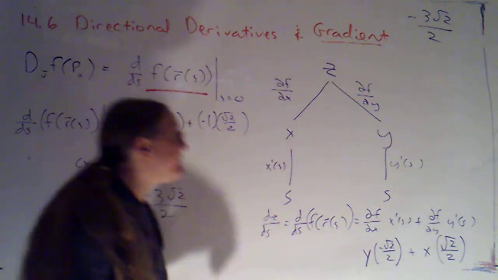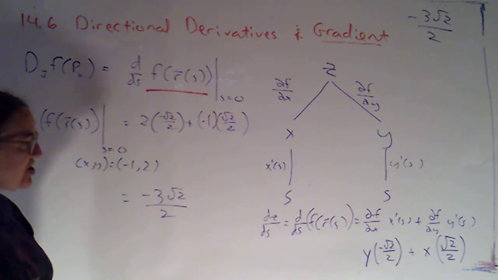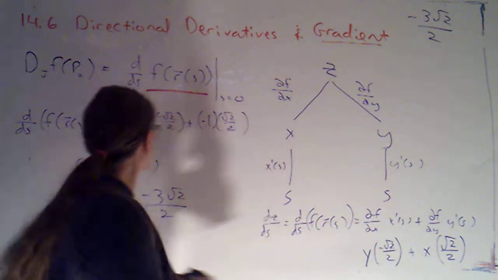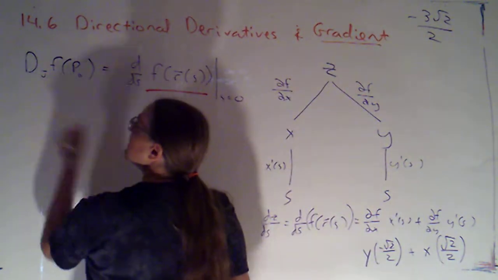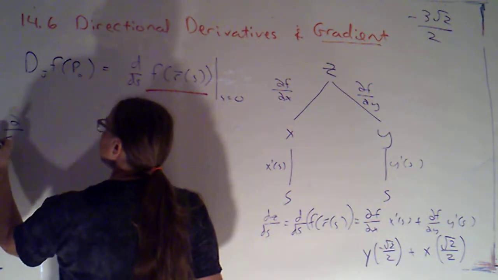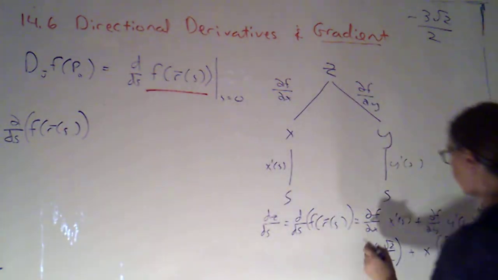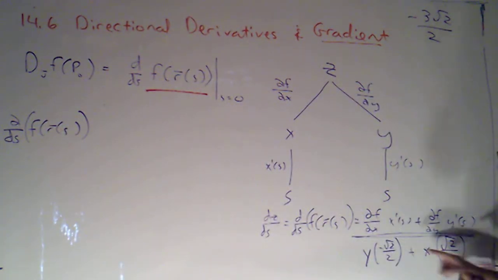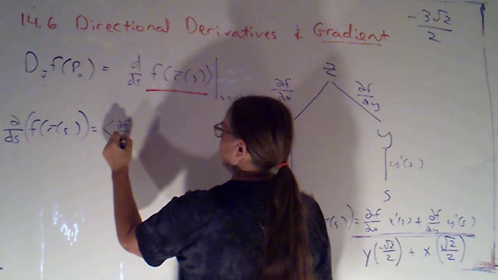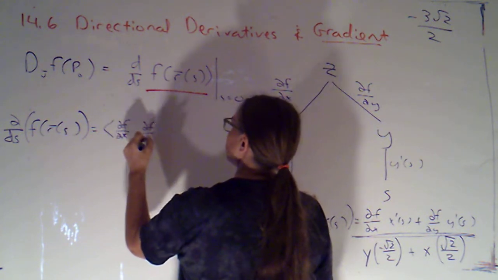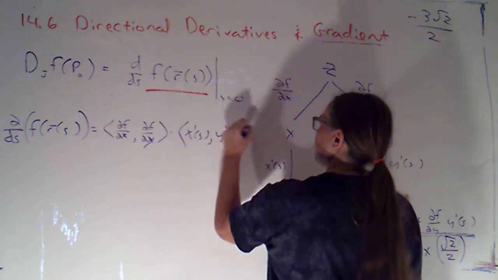Okay. Because we have mentioned that any time we use the chain rule, we're actually just taking a dot product. So, if I take a look at the derivative with respect to s of f of r of s, looking at it at this point right here, I can pretty much see that's partial of f with respect to x, partial of f with respect to y, dotted with x prime of s, y prime of s.